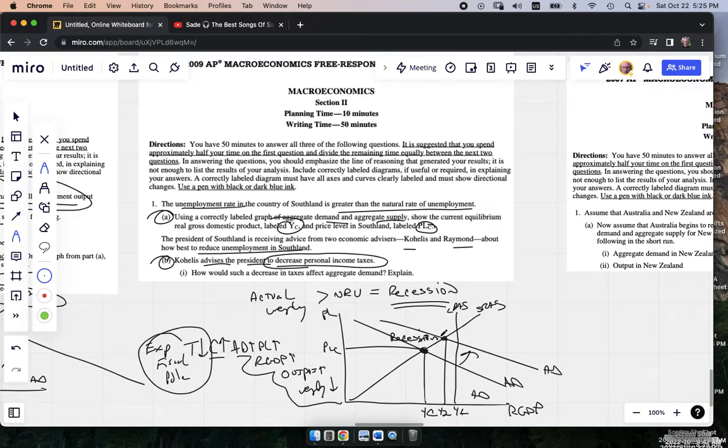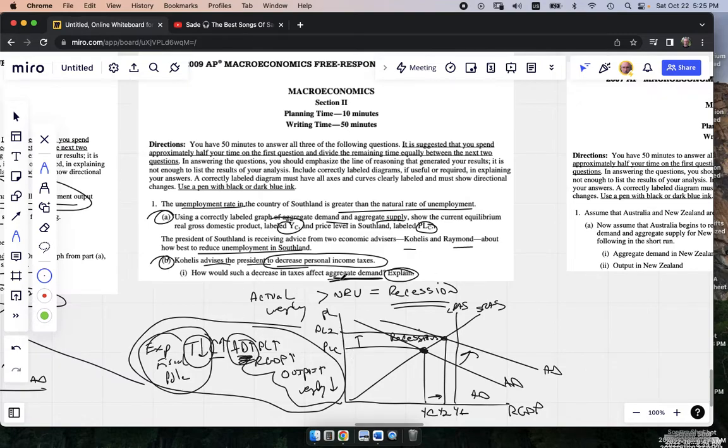But let's do Y2, PL2. Price level went up. Output went up. We're coming out of our recessionary gap. And we showed how to explain it would be right there, right? To get to aggregate demand, you'd have to use the determinant of taxes going down. You could probably stop right after that.